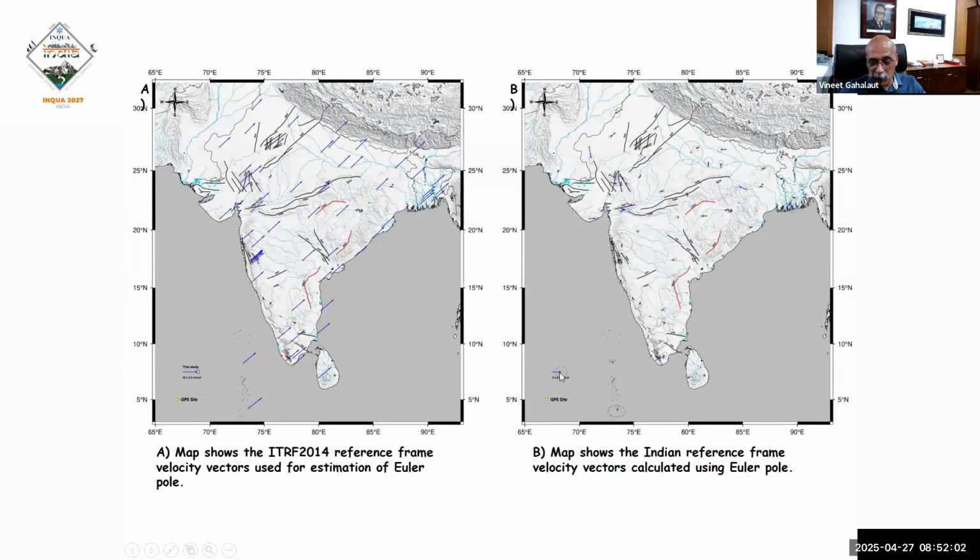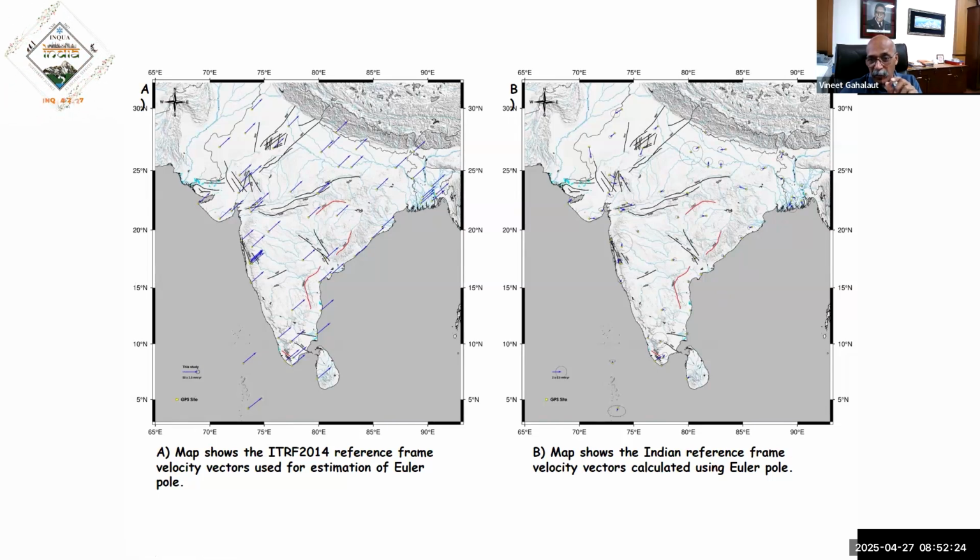This much is 2 millimeter per year. So there's hardly any movement here. Movement is less than 1 millimeter per year in the peninsular part of India. It's almost insignificant, but it's within the limit of error in the measurement.